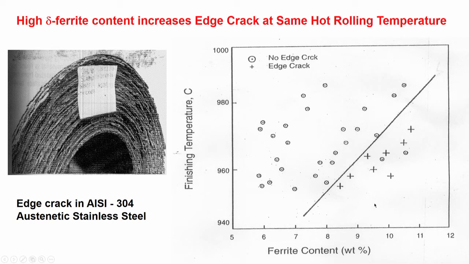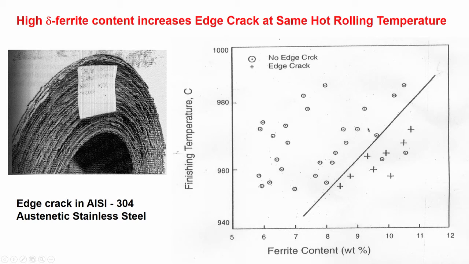So, you look at here, say about 9.5% or so. Even at 960, a lot of edge cracks are forming. You have to go to maybe 980 degrees centigrade finishing temperature, that means higher finishing temperature, to get coils which are free from edge crack.